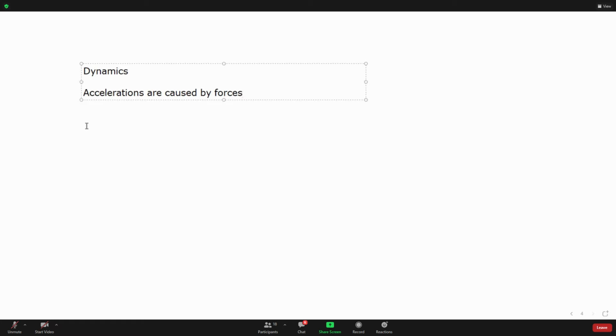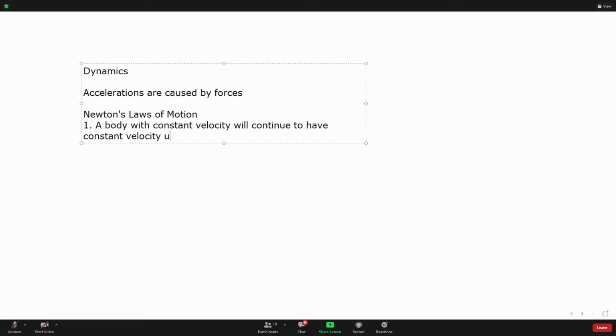All right, so let's begin with Newton's laws of motion. Newton's first law of motion: a body with constant velocity will continue to have constant velocity unless acted on by a force.